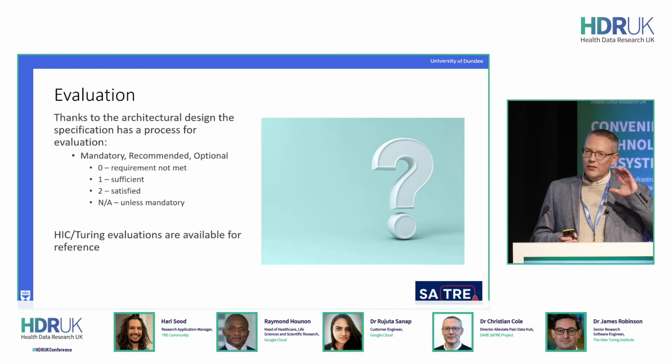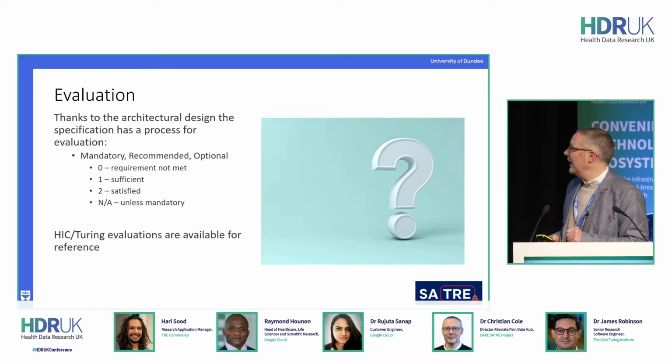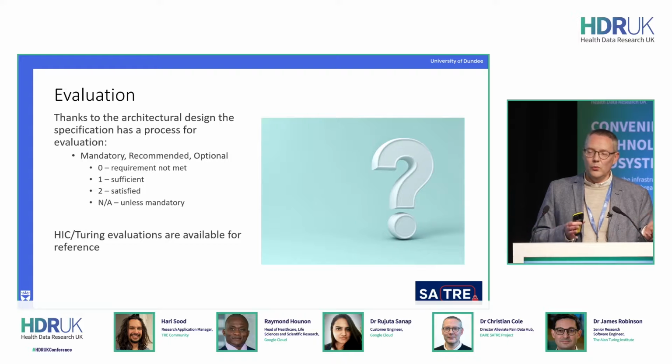There's quite a lot, so I would suggest it would take maybe a few of you in your team to do it over a couple of sessions. And if you need some help around what it looks like, we at HIC and the Turing Institute have run it against our own TREs and provided those publicly for people to see.